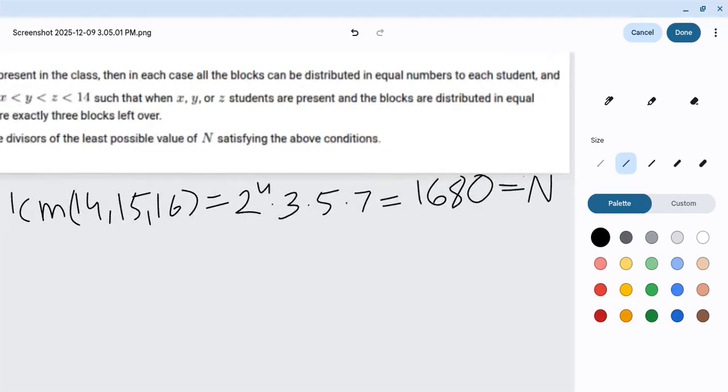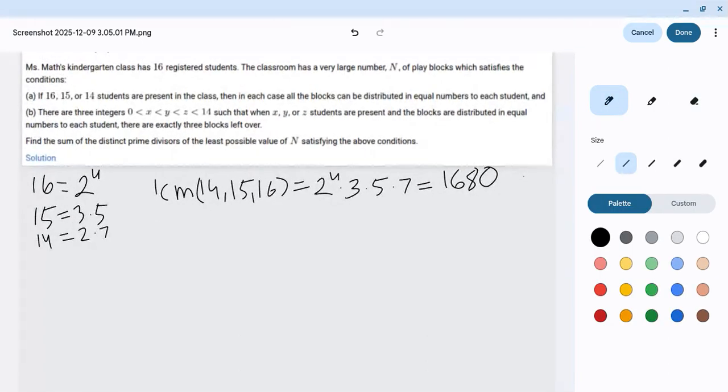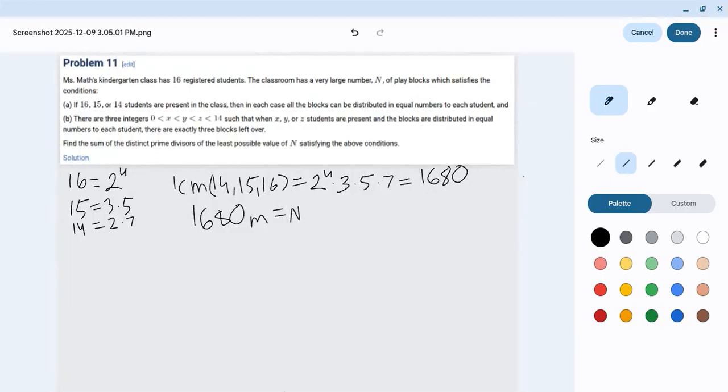By the way, n is a multiple of the LCM, so 1680 m is equal to n, where m is just any integer. Okay, so now back to part B.